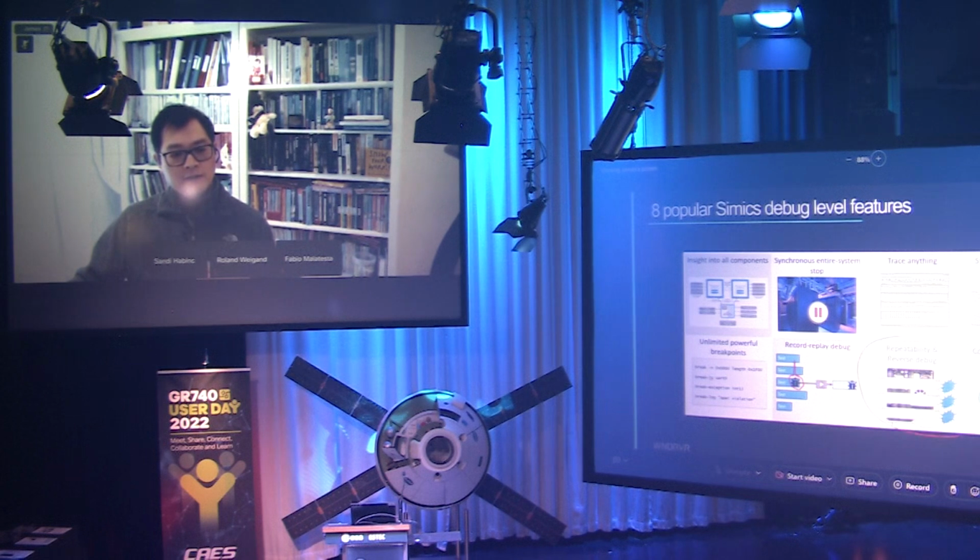And in some cases, in our simulation, you can also reverse execute your code in order to understand the symptoms and also how it manifests itself into a crash condition.